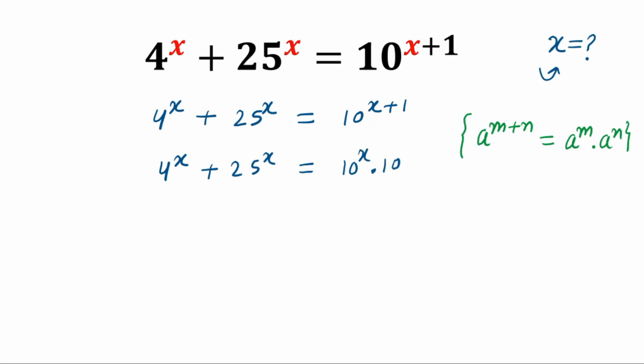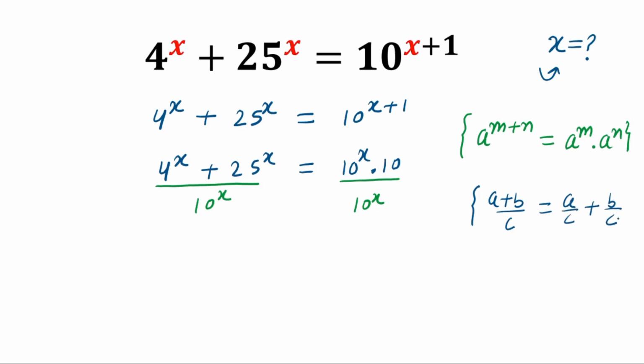Now, we divide both sides by 10 power x. In the left hand side we will apply the rule a plus b over c is equal to a over c plus b over c.